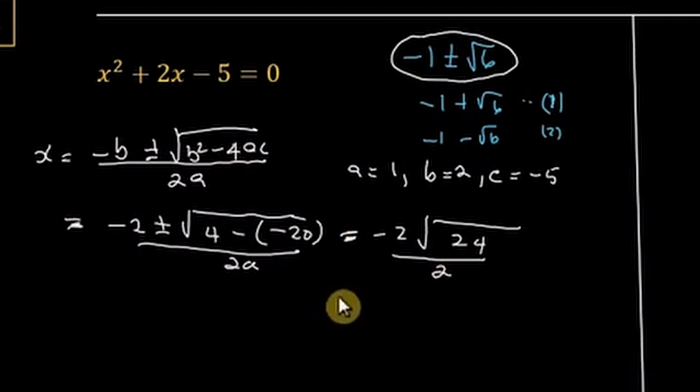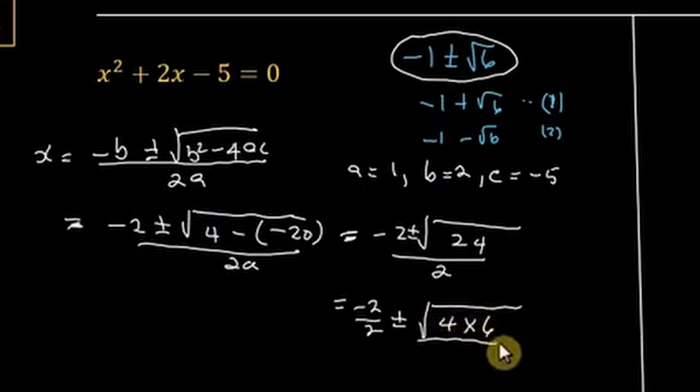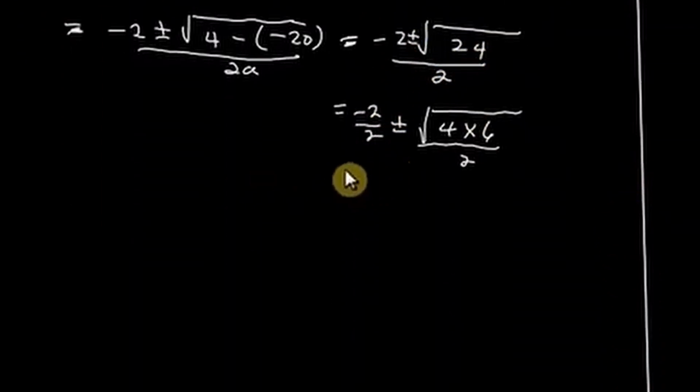So we could write that as negative 2 over 2, let's not forget the plus or minus here, plus or minus, and then we could write 24 as 4 times 6, all over 2. All I've done is split this so that I have the negative 2 and the 24 as two separate terms. Therefore, negative 2 over 2 is equal to negative 1 plus or minus.